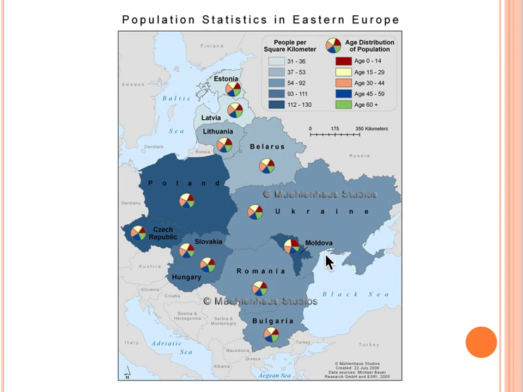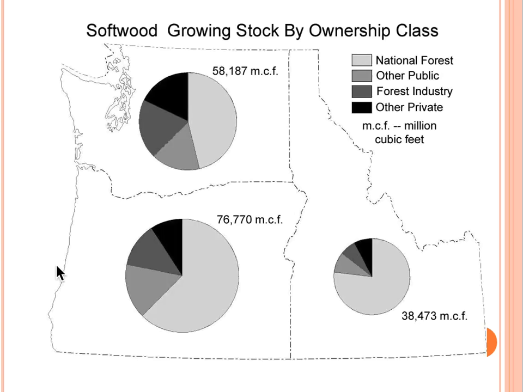And we could see that the age distribution is shown as a pie chart in each location. Also here, this is for the softwood growing stock by ownership class. You could see that the different grayscale palette is shown here in the pie chart, showing us if it's a national forest or forest industry.